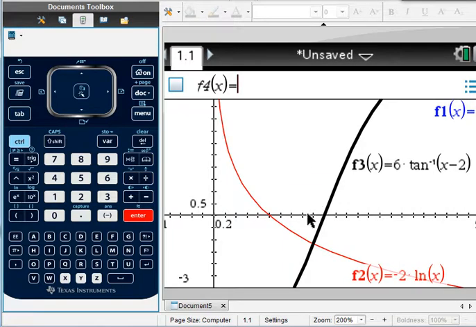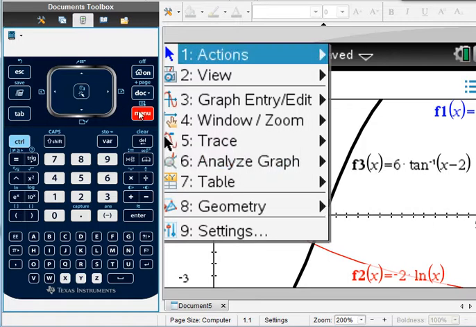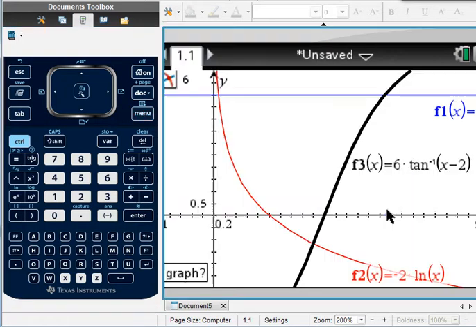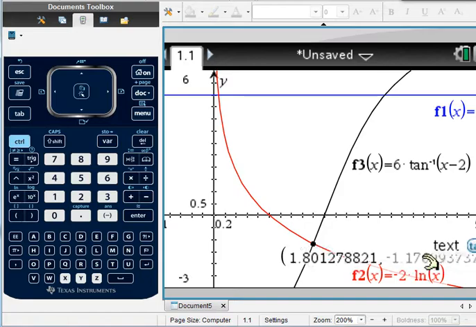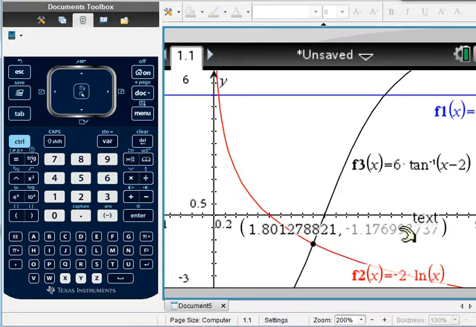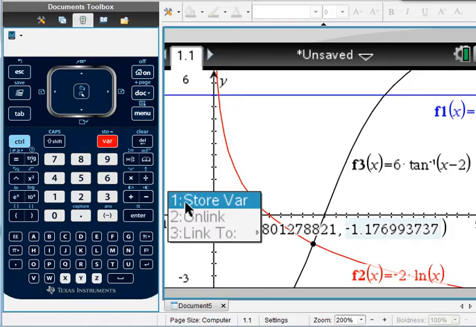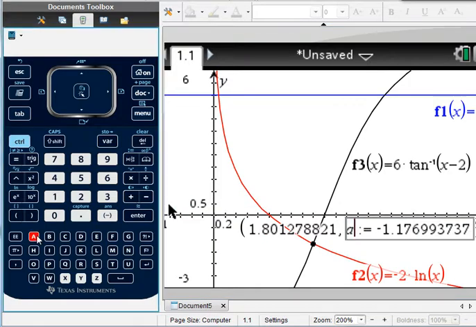And again, to find that point of intersection, you would just go menu, analyze graph, intersection. Again, you have to click on the graph, so it'd be F2 and F3, lower bound, upper bound. And since the y-coordinate is what we're interested in, since we used a horizontal rectangle, you would just click on the y-coordinate this time and store as a. So a little easier on the Inspire.